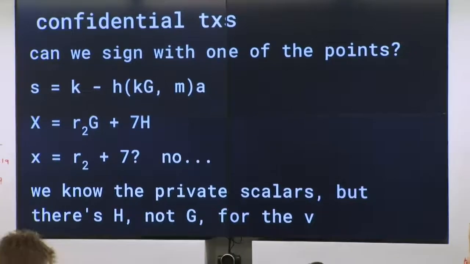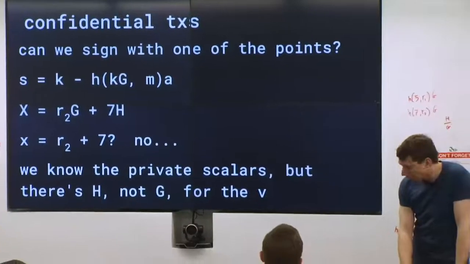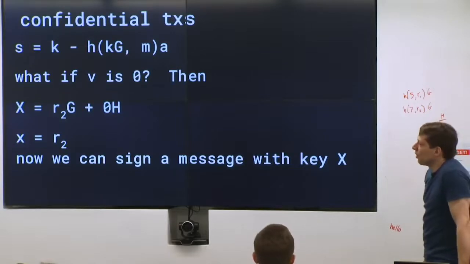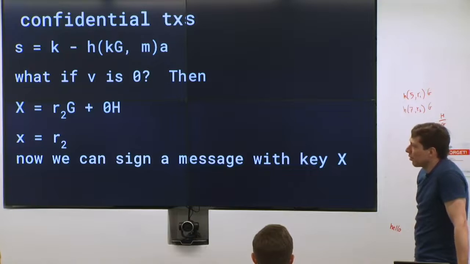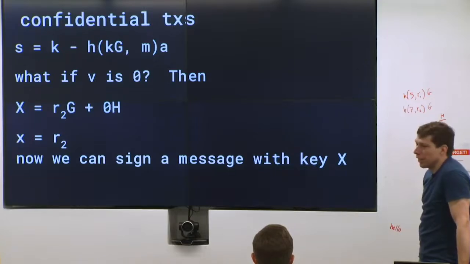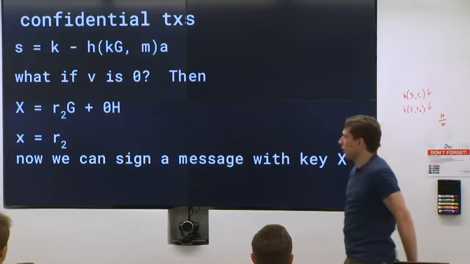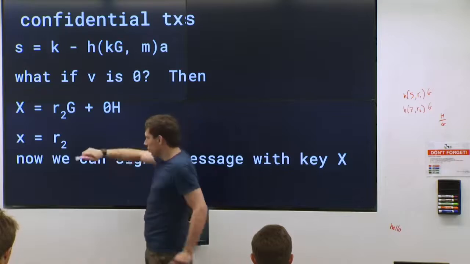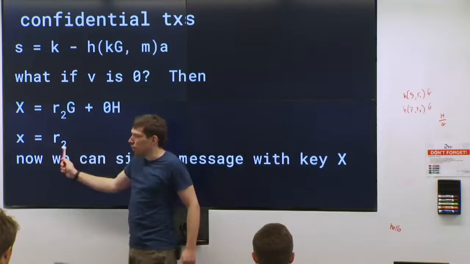But what we can show, which is kind of interesting, well, what if v is 0? Then X is R2 times G plus 0H, which is just R2 times G, right? There's no H here. And that means my private key is just going to be R2.